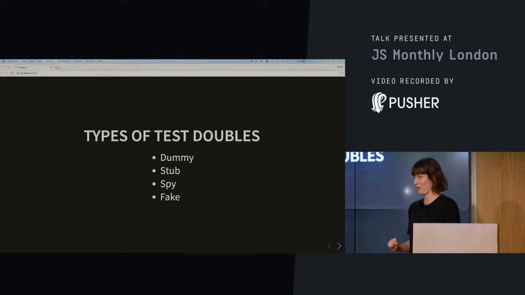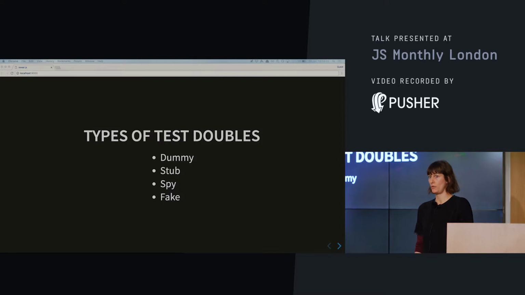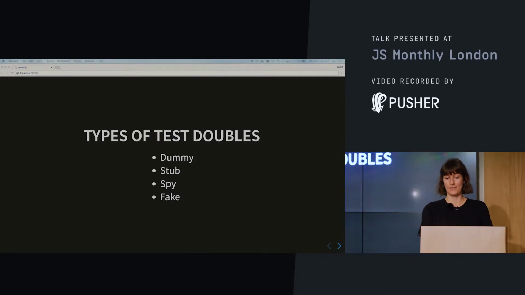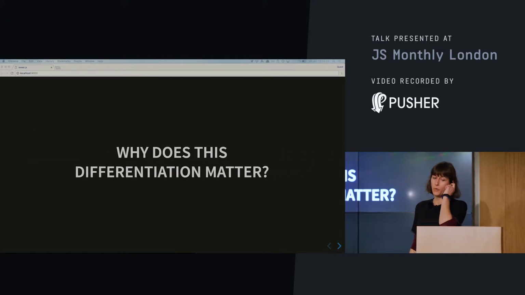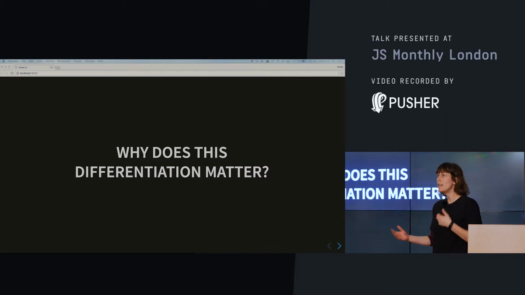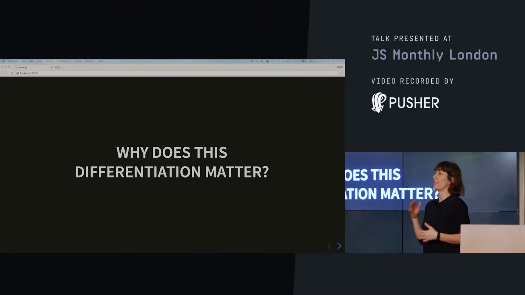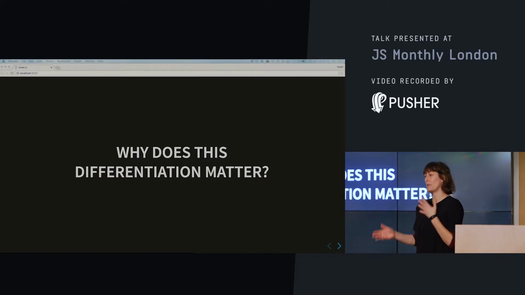Before I show you some more of rock, paper, scissors, these are the types of test doubles that I wanted to go into today and show you what the differences are and how they can help us write better tests. And I think it is important to differentiate. A lot of the time I hear people say, oh, we'll just mock that out, or we'll just use a mock or whatever. And then names get kind of mixed up, which one's which.